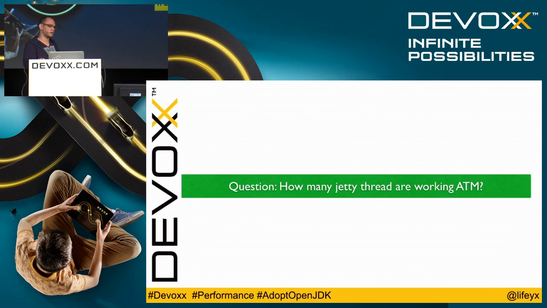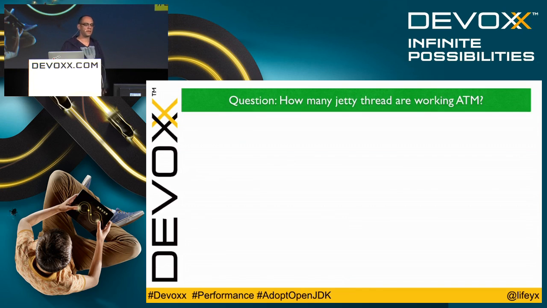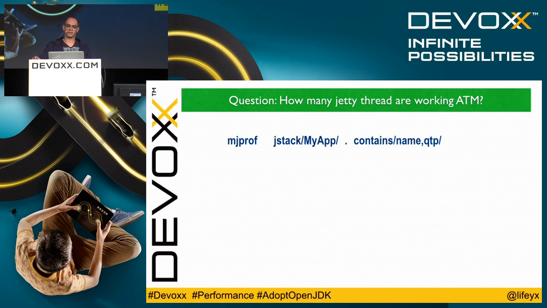The second question that I would like to ask is, for example, how many Jetty threads I have in my process at the moment, and which one of them are running. So I will run mjprof. It will get the Jsoc monad as a data source and my app as the main class, and then I will ask whether the name of the thread contains the string QTP.